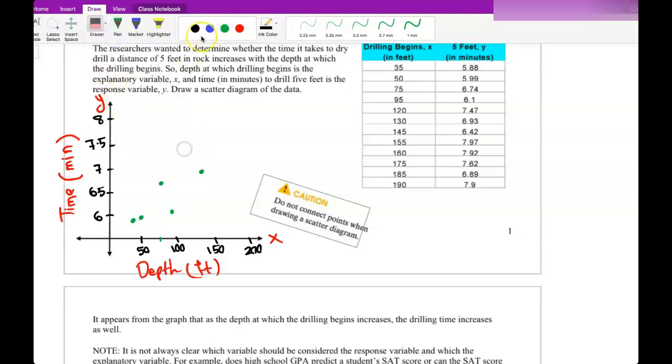Then after that we have 145, 6.42. 155, 7.97. 160, 7.92. 175, 7.62. 185, 6.89.